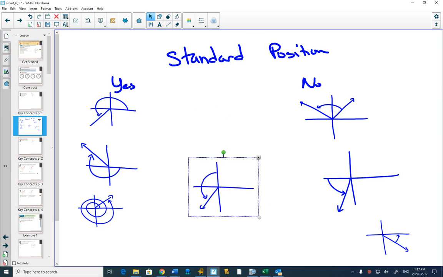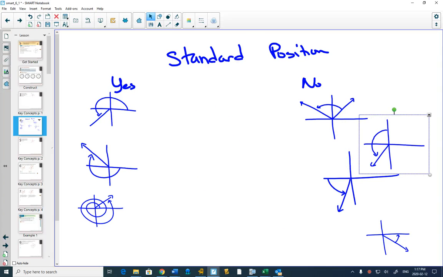That one is no. Do you need more examples? Or do you think you've got an idea for when something is in standard position and when an angle is not in standard position?